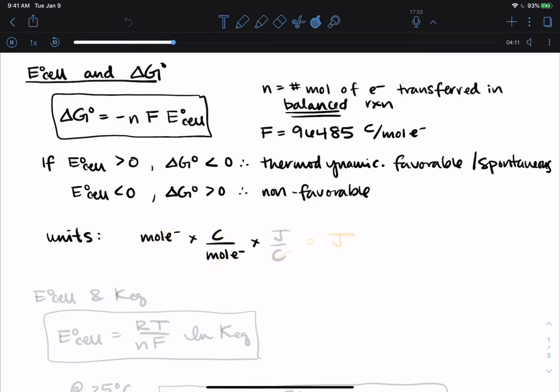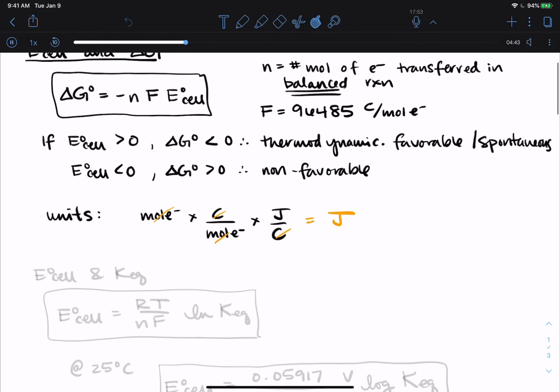Well, if you remember way back to the very beginning, a volt is a joule per coulomb. So in the end, moles of electrons cancel, coulombs cancel, and we get a delta G in joules, which is the units that we were expecting. So the units work out here. Okay, so this is delta G and standard cell potential.